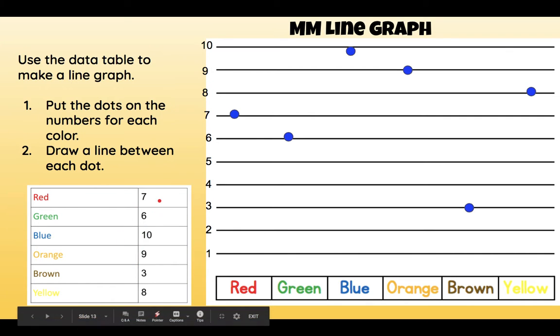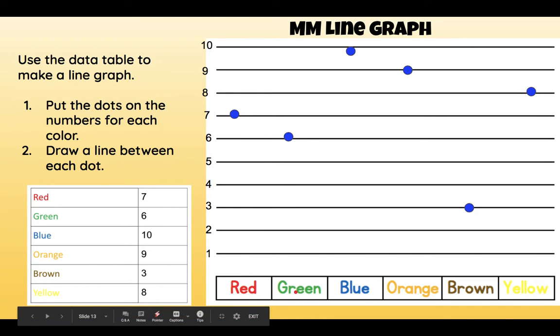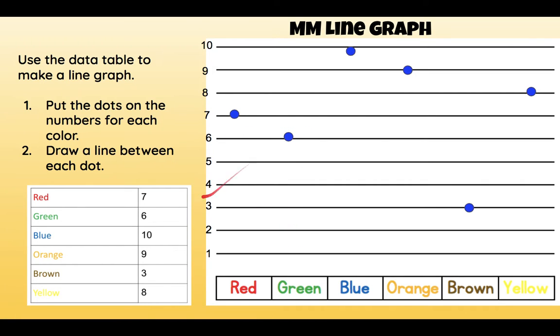So notice that I found red, I went up to 7 and placed that there. For green, I went up to 6 and placed the dot there. Now the next part is we draw a line between each of these dots. So let me show you how it's done. We'll start with red, and then we go ahead and we put a line there.